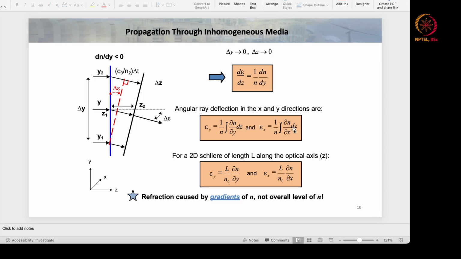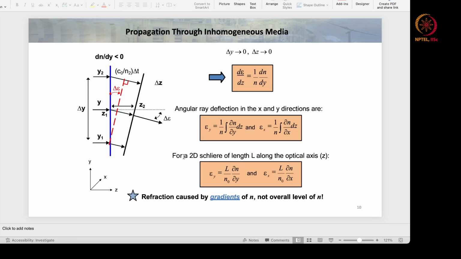Similarly with respect to x, that means the into-the-plane tilt of the wave front is given in the same way, except that you have a change in refractive index with respect to x. In both cases you are integrating across z.